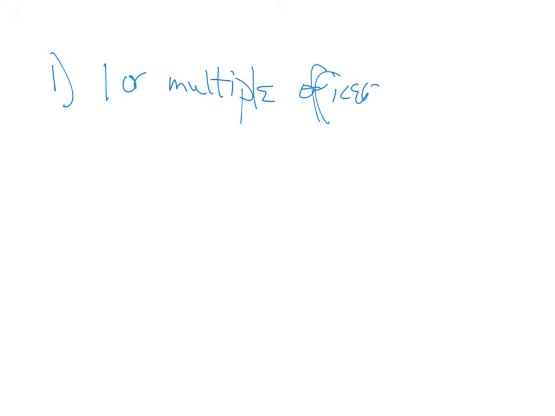So if we want to recap the line search method, first, it can be performed by one or multiple people. Two, it must have well-defined boundaries.